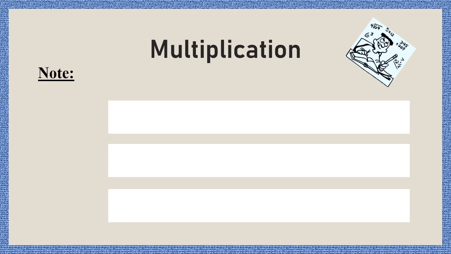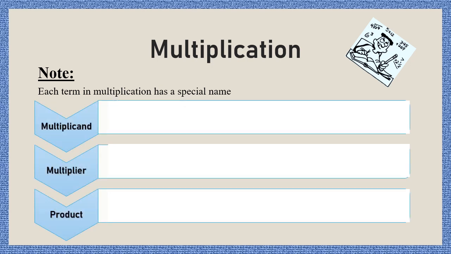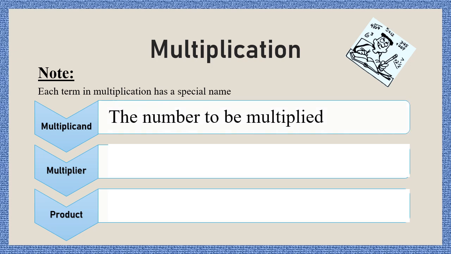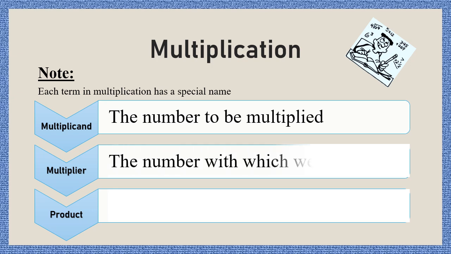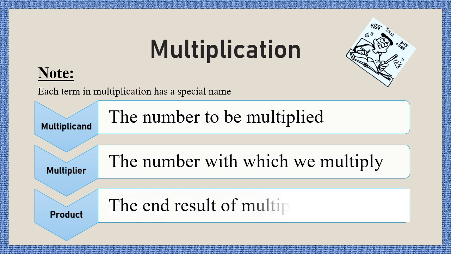Hopefully by now you have done that exercise. Before solving any problem, it is important to note that each term in multiplication has a special name. First one is multiplicand. Multiplicand is the number to be multiplied. Multiplier is the number with which we multiply, and product is the end result of multiplication.